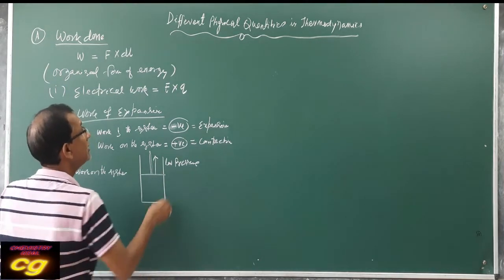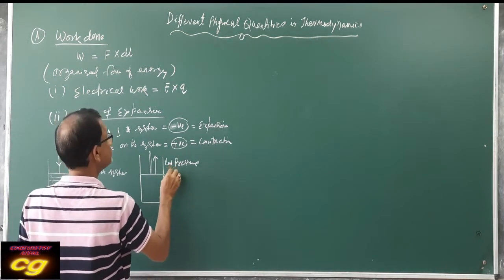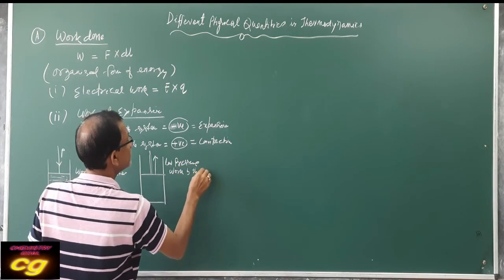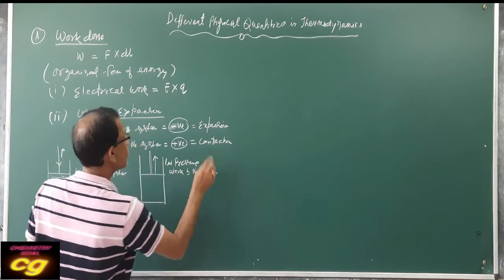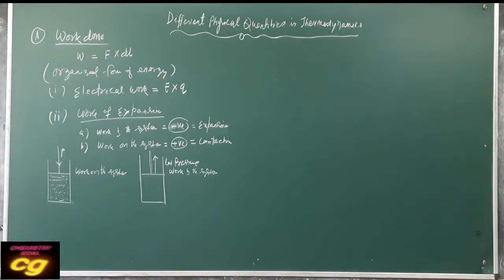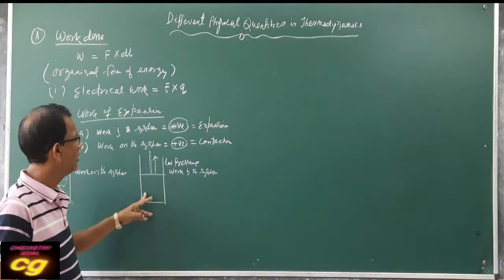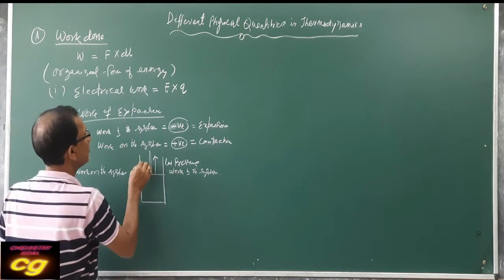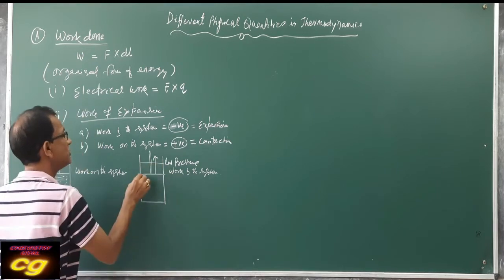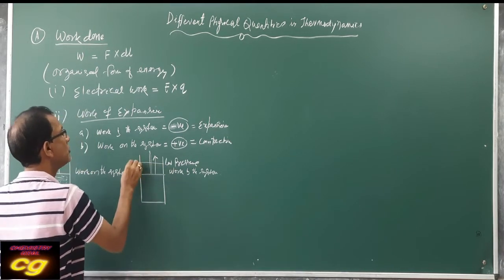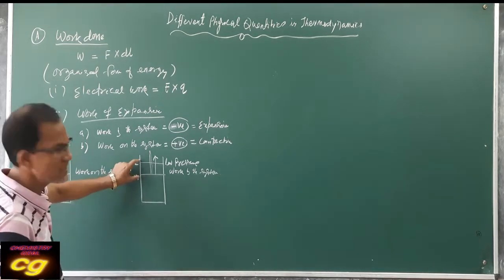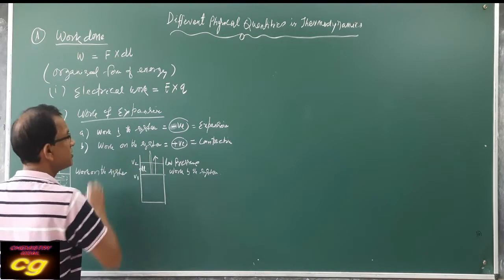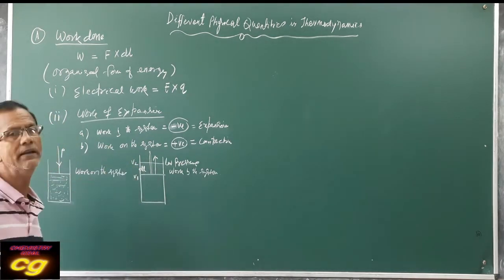That is called work by the system. When this takes place, the piston will move upward to this point. So this is your volume V1, this is your volume V2, and the displacement in the direction of force is dl. Let it be a small displacement, dl.